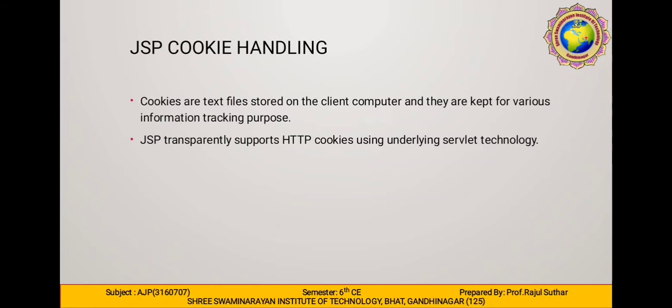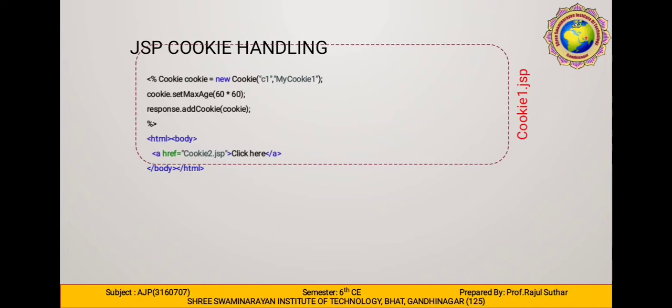Here the code for cookies: Cookie c1 is equal to new Cookie, and we require the name of the cookie. In the same way, cookie.setMaxAge is the lifetime of the cookie. It is set as 60*60, that means 60 seconds and 60 minutes. Then response.addCookie, we require the cookie object.